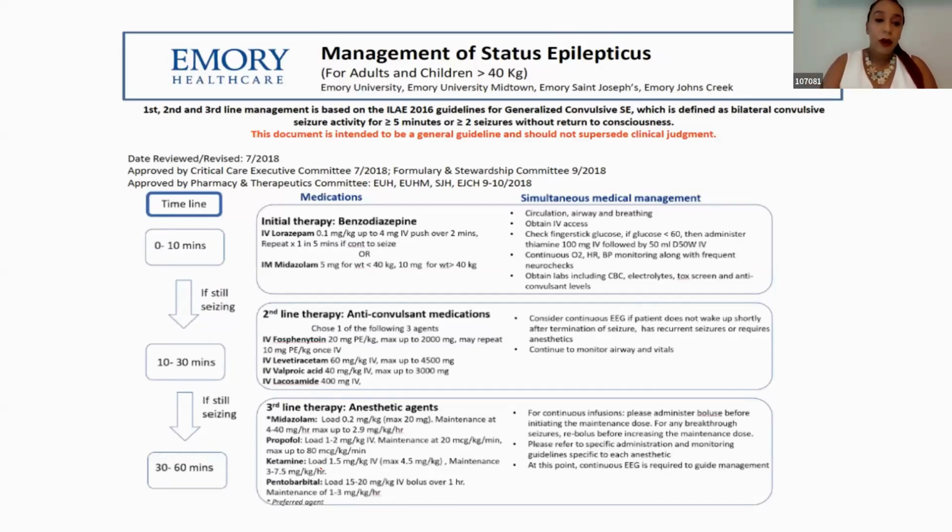So we go to our third line treatment, the anesthetic medications, in that 30 to 60 minute window if the patients are still seizing. We use midazolam, propofol, ketamine, and pentobarbital. I won't go into detail about those, but the goal of treatment is seizure suppression, so you want to stop the seizures.